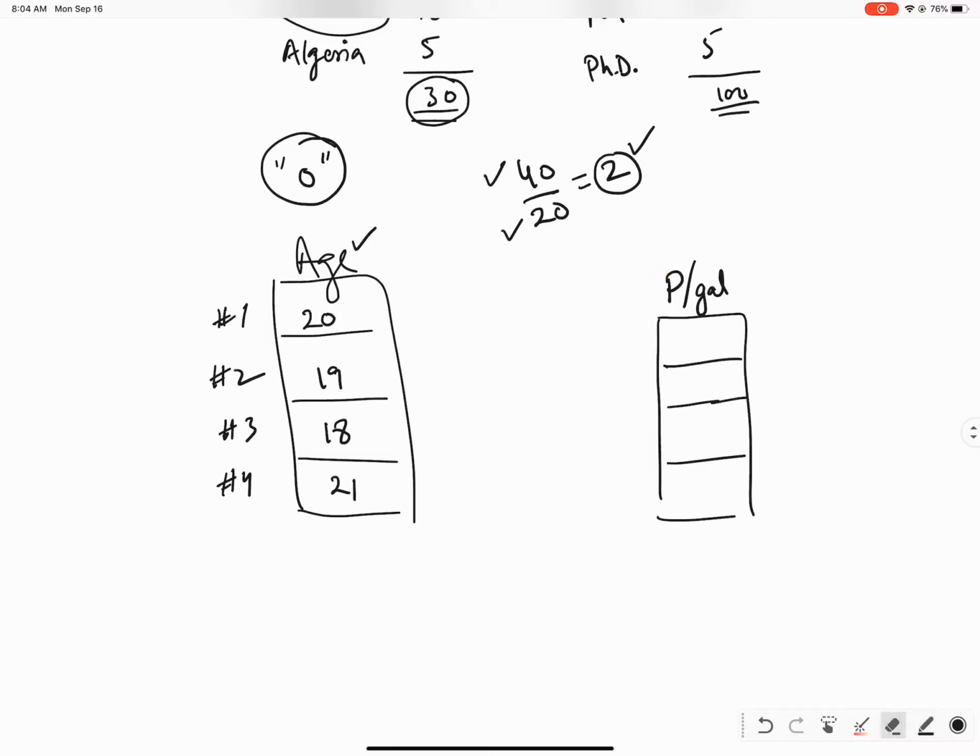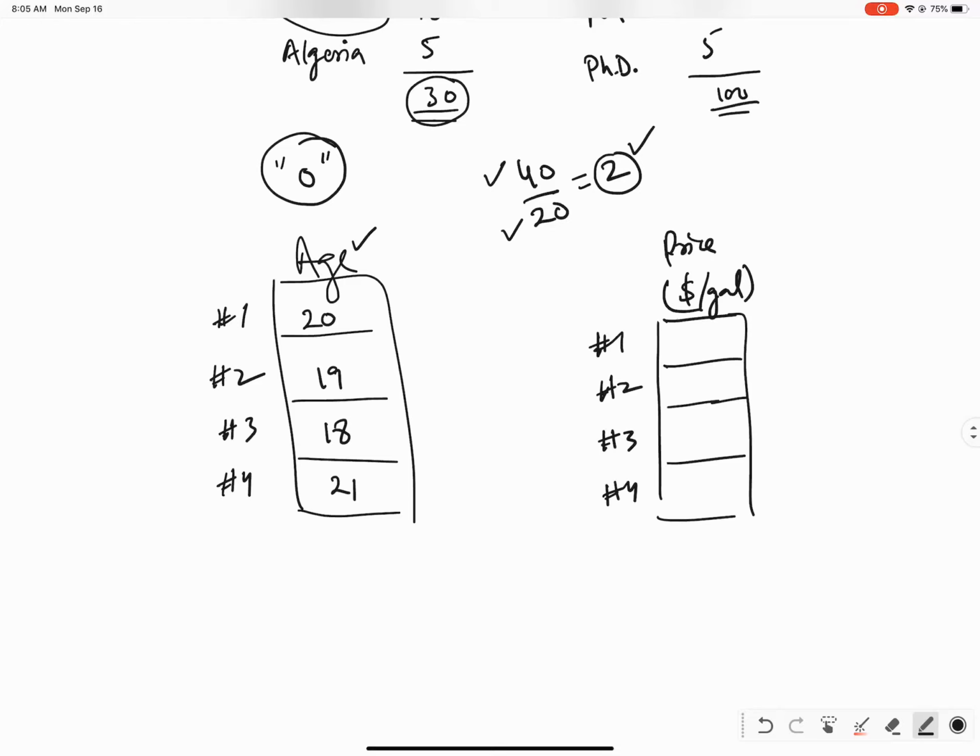All right, so we have price of gasoline. We have price measured in dollars per gallon. And we go to 4 different gas stations or petrol stations. Number 1, number 2. So our unit of analysis in this example is a petrol station. So you go to 4 different stations and we observe the price.